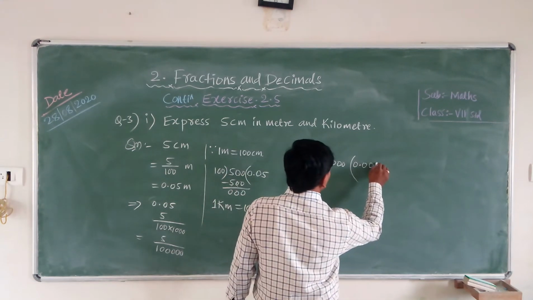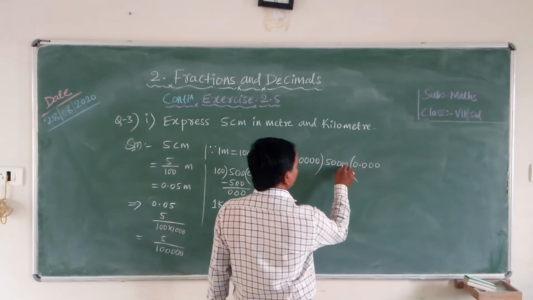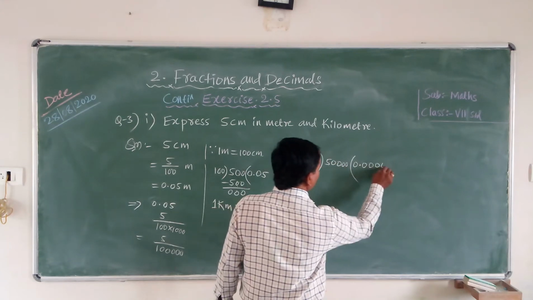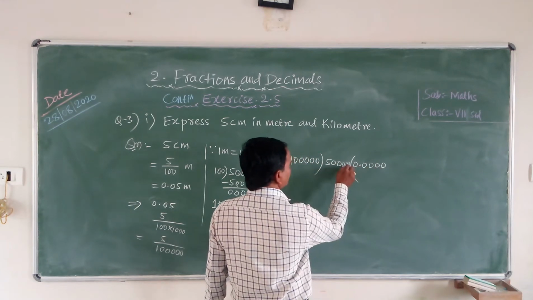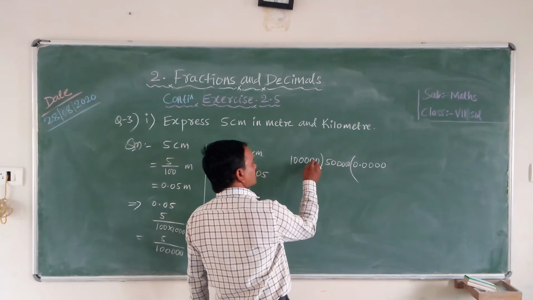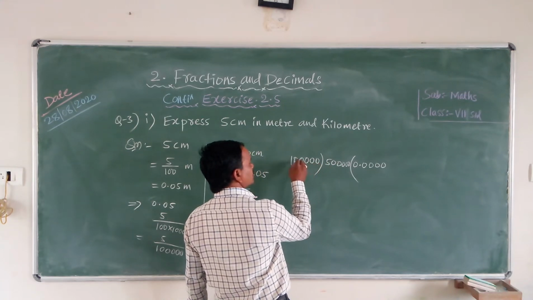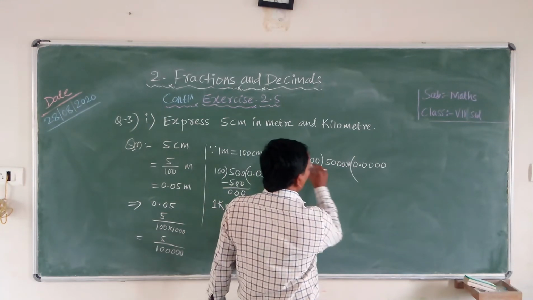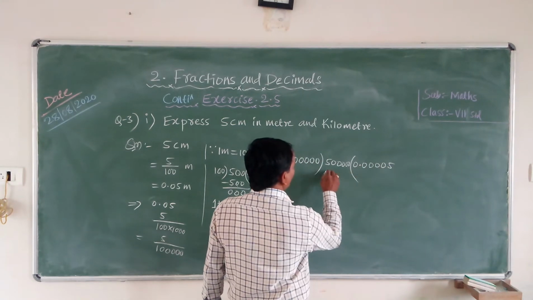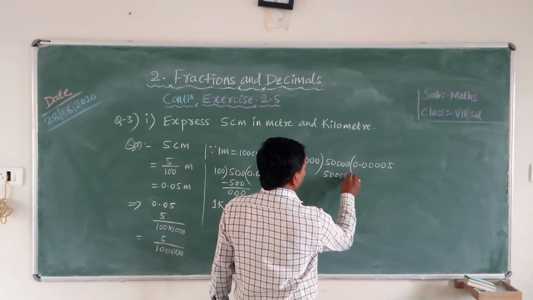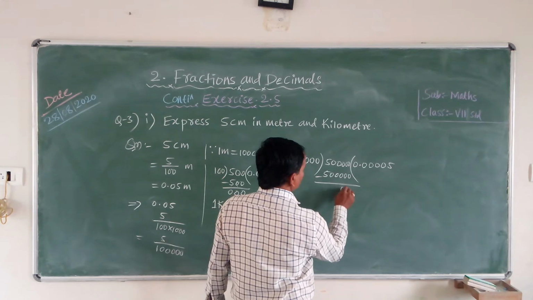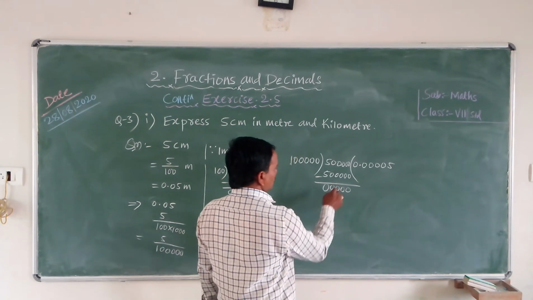Here also take 0, and here also take 0. 1 stands 100,000, 10,000, again take 0. 1 stands 100,000, 10,000, lakh, 1,000. So 1 lakh into 5 is 5 lakh. So minus 0 0 0 0 0 0.